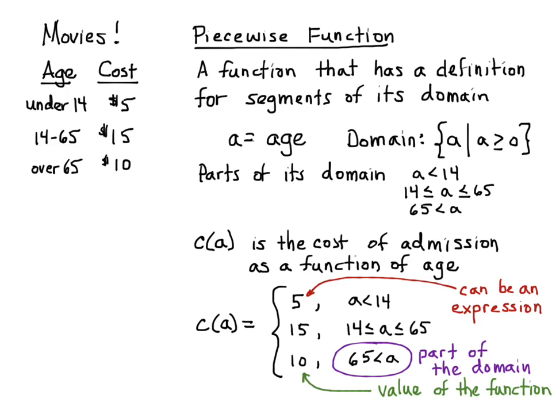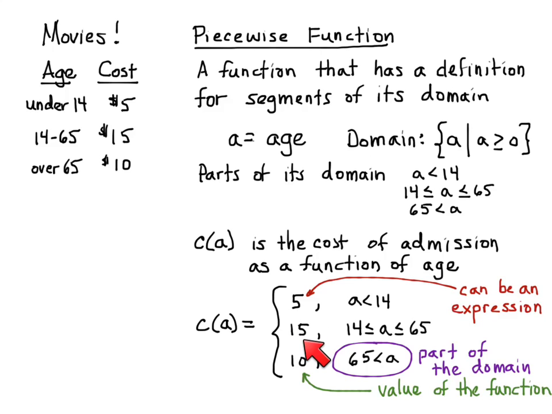Now, it doesn't have to be a rule like just a 5 or a 15 or a 10, a constant. We can have expressions too. Probably nobody would go to this theater, but if the rule for when you're between 14 and 65 is you're going to pay $1 more than your age, that quickly becomes very expensive to go to the movies, then you would just put a plus 1 right here.